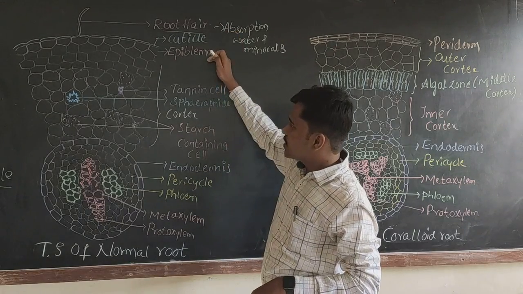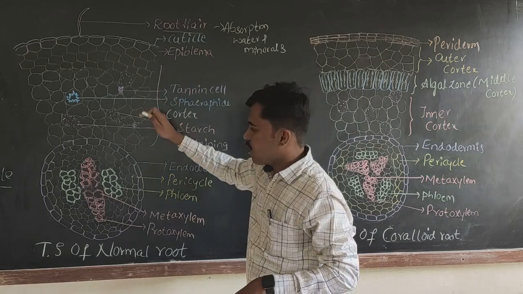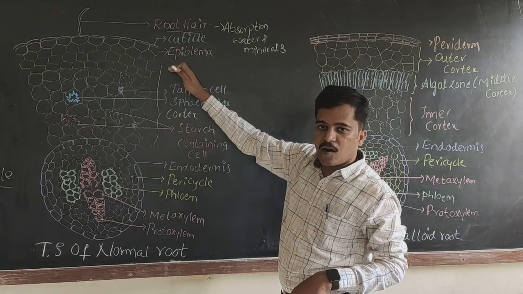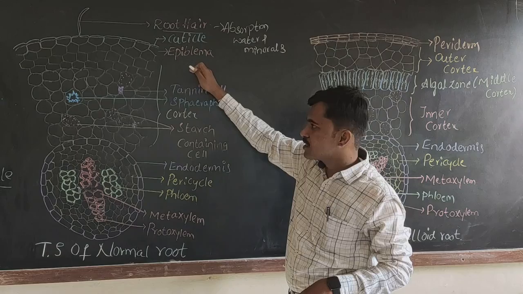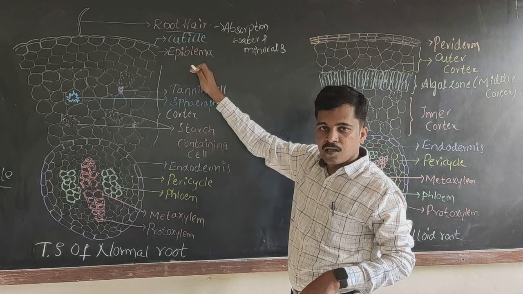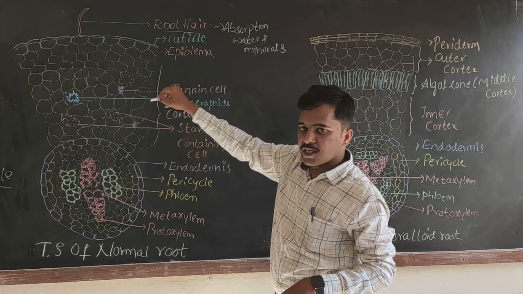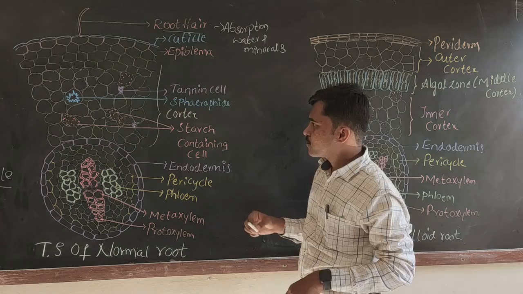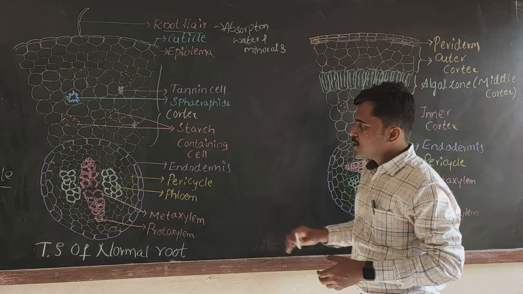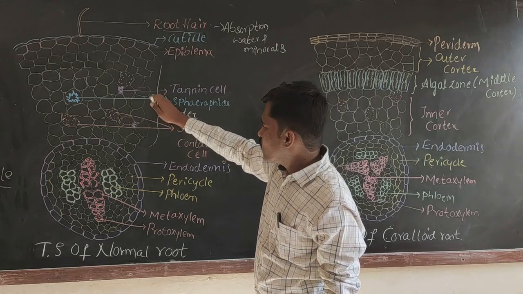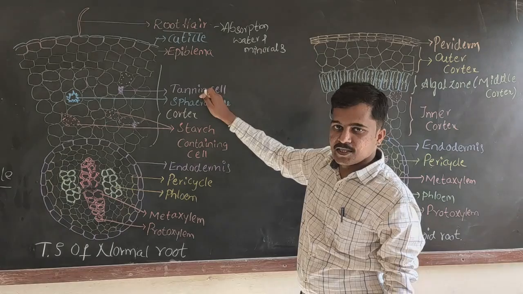This epidermis is followed by a large cortex. This part is nothing but the cortex, and the cortex is made up of loosely arranged polygonal cells. Some of the cells in the cortex show accumulation of tannins.